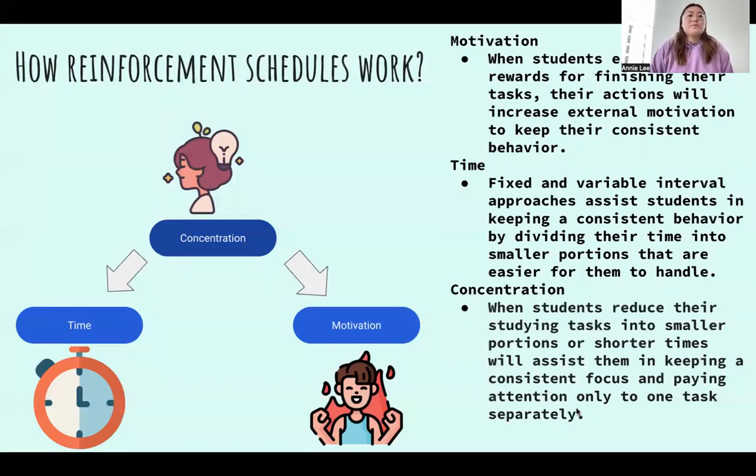So how reinforcement schedules work is that once students condense their work tasks into smaller portions, they'll be able to keep their concentration going. The fixed and variable intervals help students divide their time so they can effectively manage their time while they study.